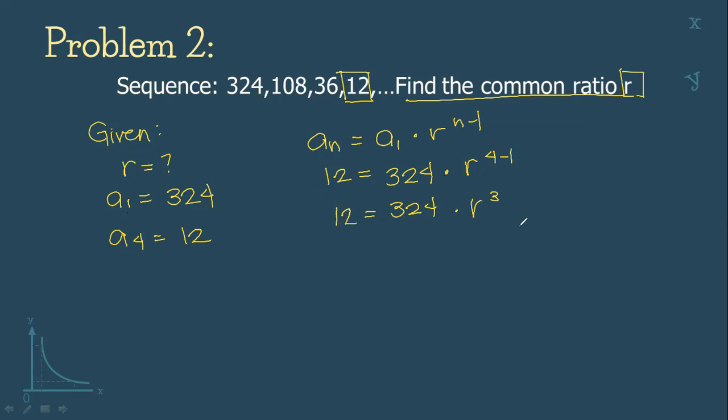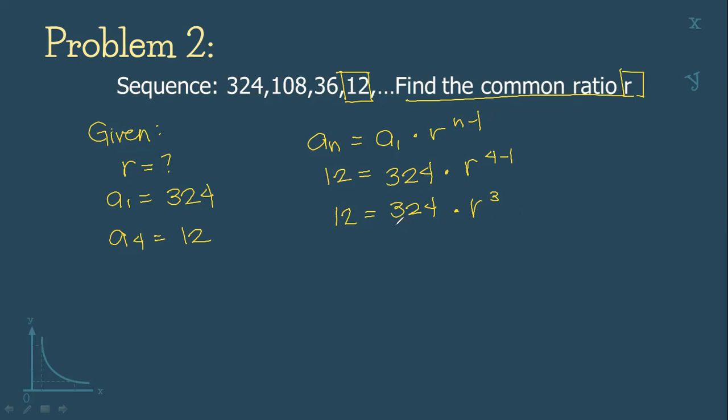So our goal, my dear students, is to isolate the r. So si r, meron po kasi siyang katabi na 324 by multiplication. So ang gagawin po natin is to eliminate 324 in the right side of the equation, so that si r na lang yung matitira.